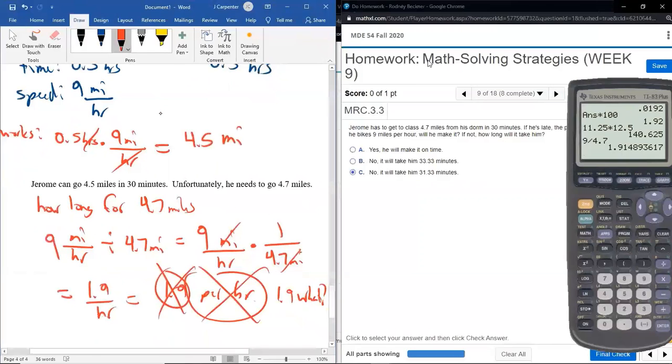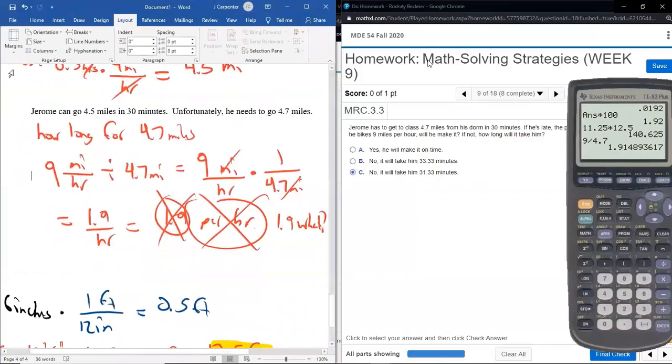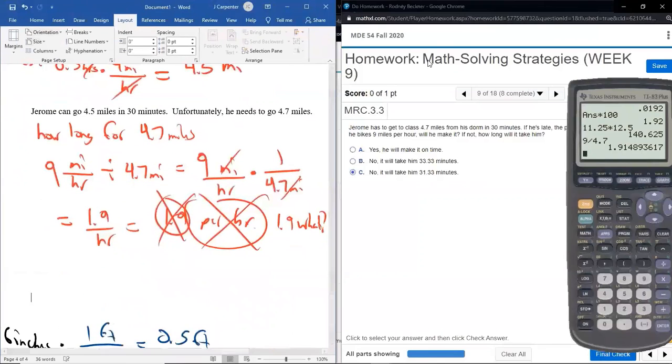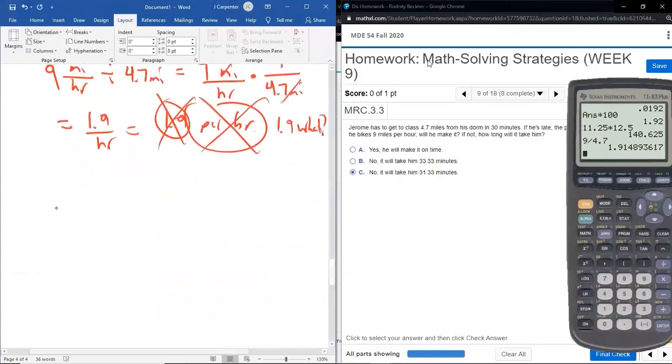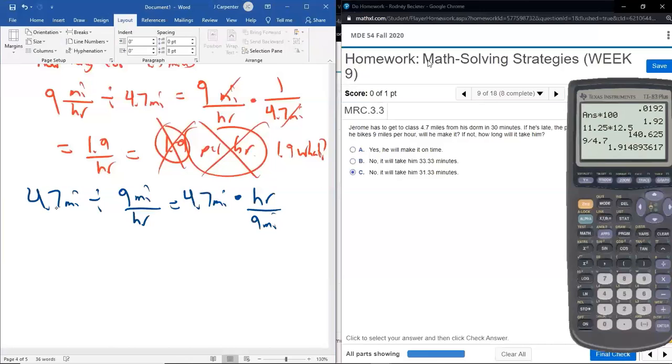But the thing about division is the order you divide matters. So let's try it the other way. Let's try doing the 4.7 miles divided by the 9 miles per hour, which is 4.7 miles times, and now just flip everything there so the hours go in the top and the 9 miles go in the bottom.